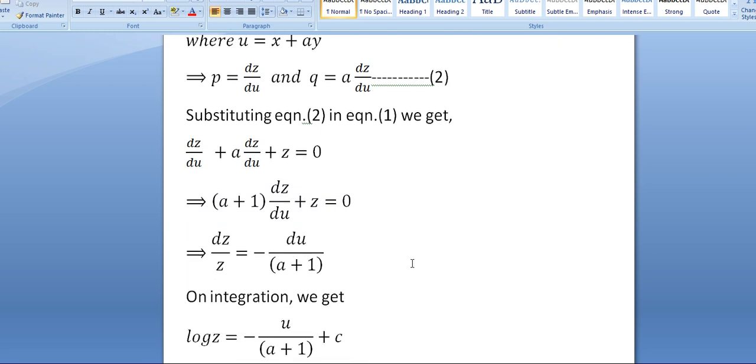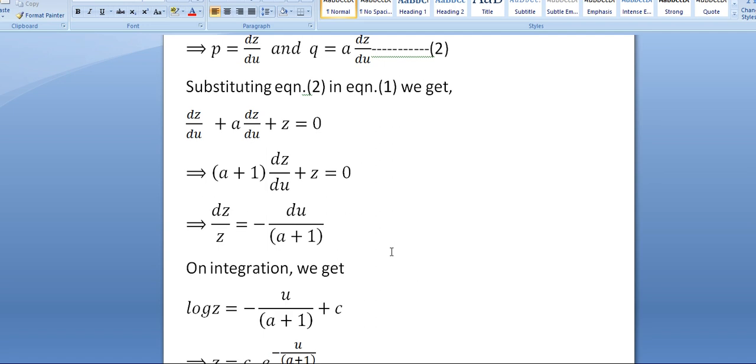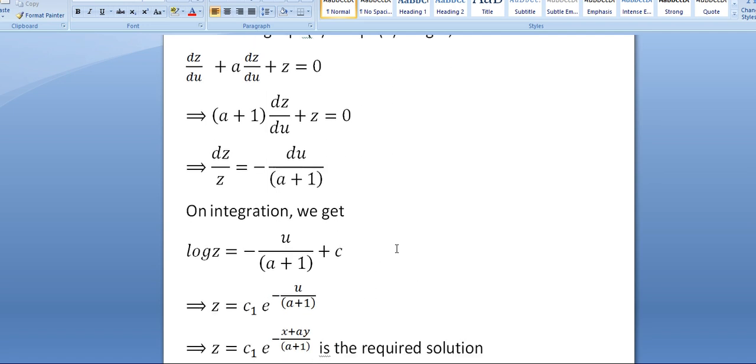So separate the variables here. Then it will become dz by z is equal to minus du by (a plus 1). When we integrate this, the integration of 1 by z is log z. So log z is equal to minus u by (a plus 1) plus c. So convert this logarithmic form to exponential form.